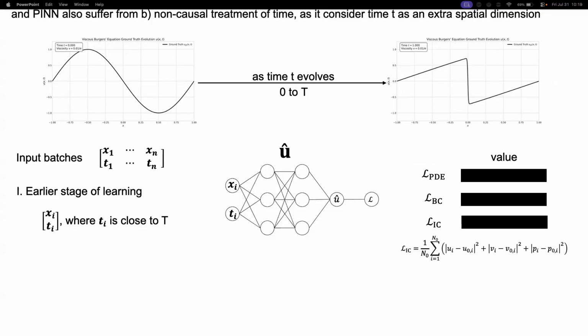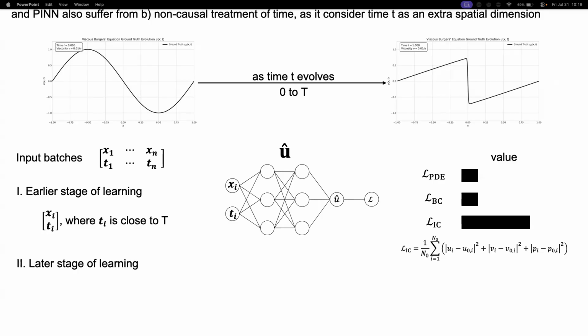Then, as you can see, the loss of the initial condition does nothing with the later dynamics. It only reduces when u is closer to the early stage of the initial condition of the function. So if we learn the later stage of the dynamics first, then the loss term reduces like this.